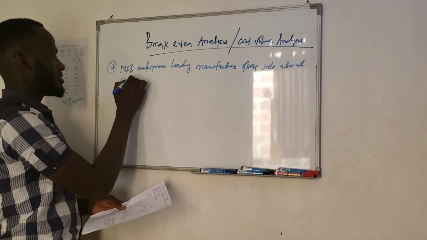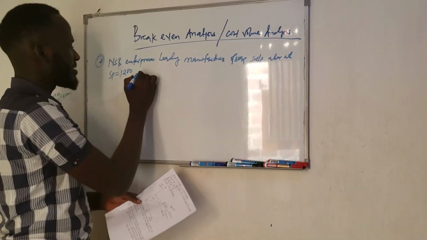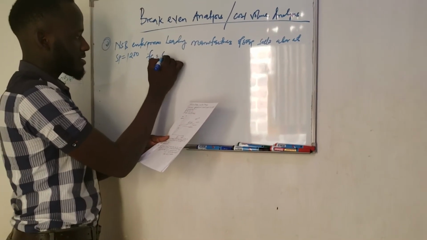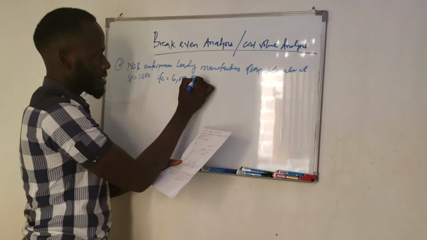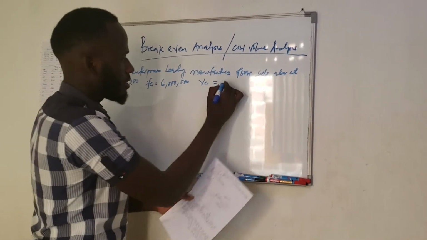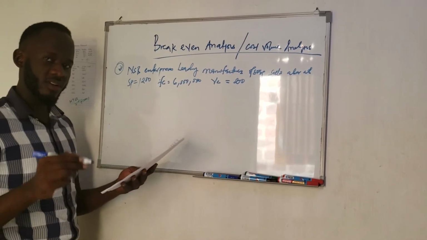So our selling price is 1,200. A company incurs fixed costs of 6 million, and variable costs of 200. What's the first question? Output and revenue at break-even point.